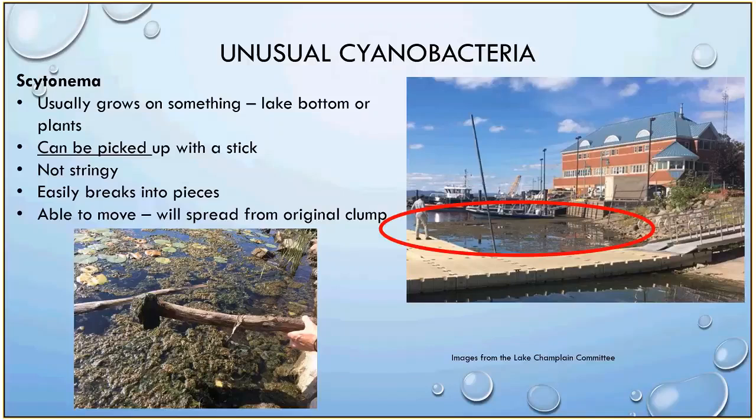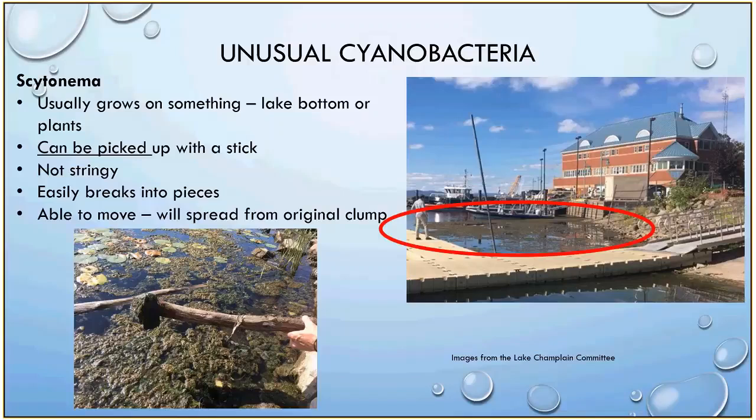In contrast to the other planktonic forms that we talked about before, you can lift this cyanobacteria out of the water on a stick, and it will stay as a mat on the stick. It's not stringy like filamentous green algae, so it doesn't look like green hair, mermaid's hair, or some of the other common names that are given to filamentous green algae. It's not stringy at all.